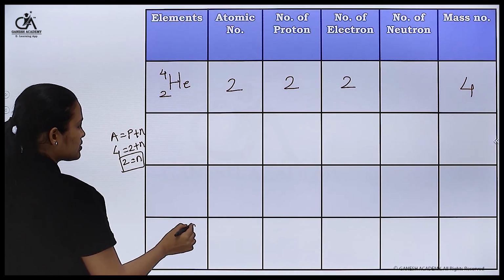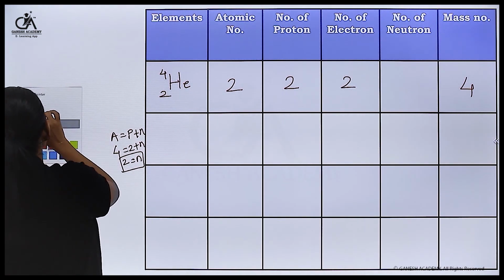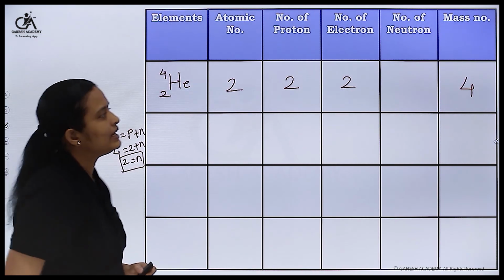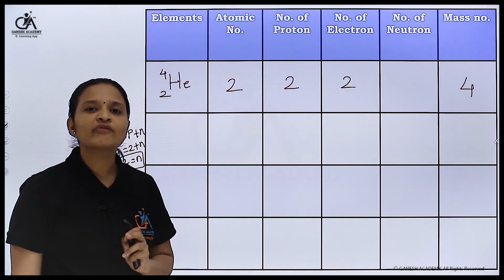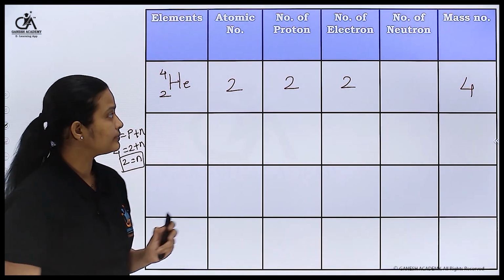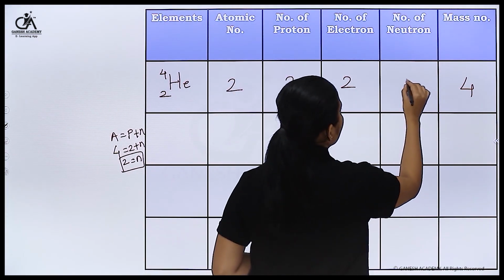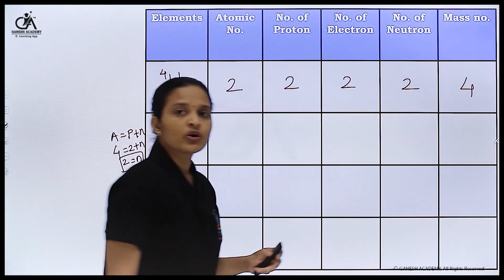In this way, if any two values are provided, you can calculate the remaining one. So here the neutron number is also 2.